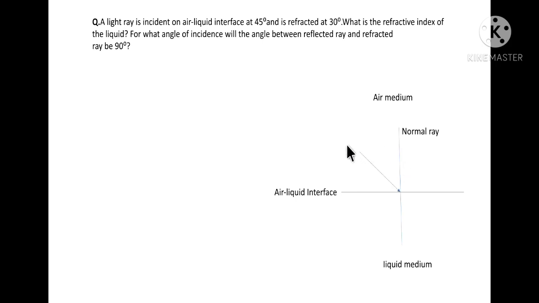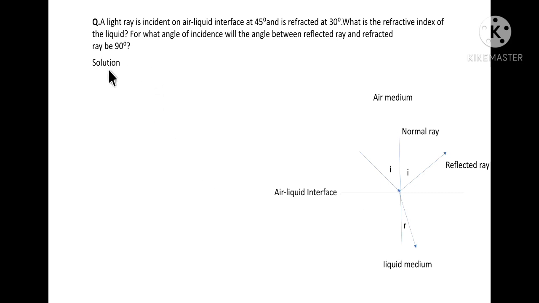When a light ray is incident on the air-liquid interface, it makes the angle of incidence I, and the light refracts into the another medium, that is liquid medium, with the angle R. You can see the reflected ray is making an angle equal to the angle of incidence. So that's why we are considering I equal to I. Both the angles are equal here according to the first law of reflection.